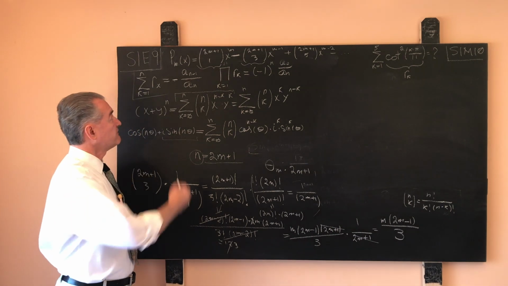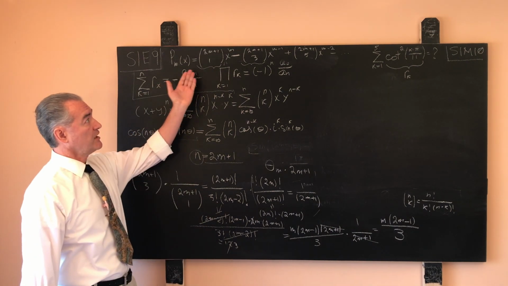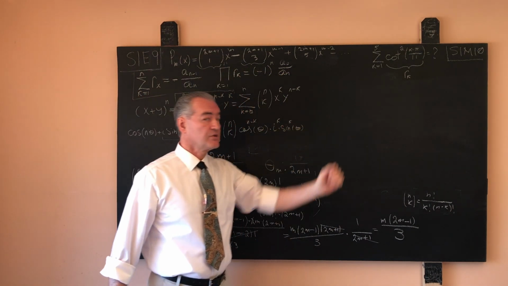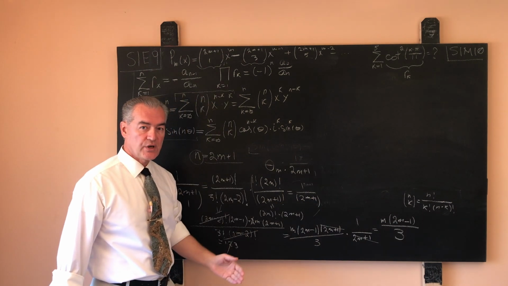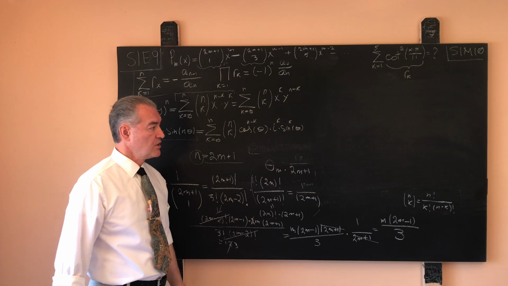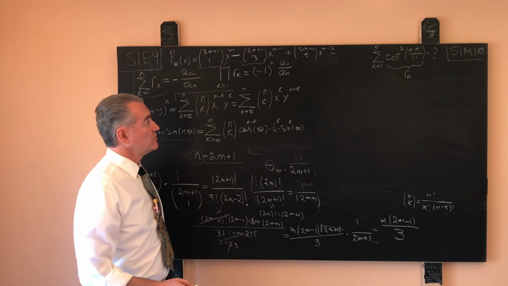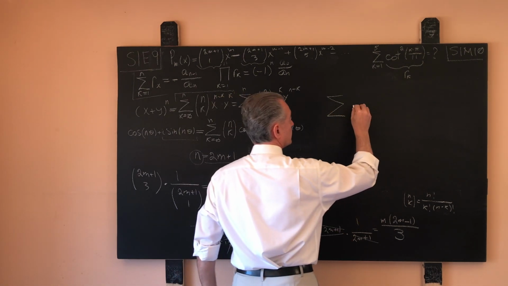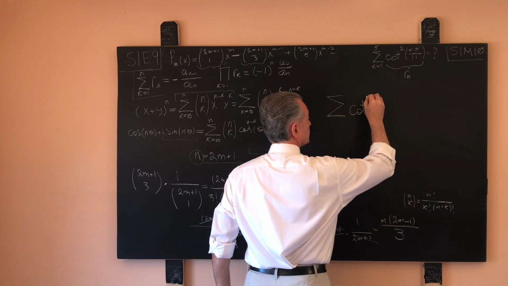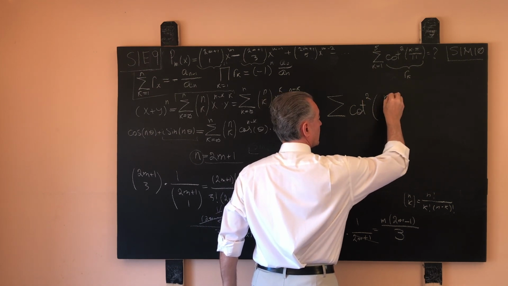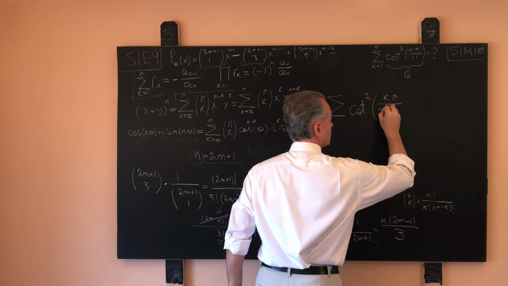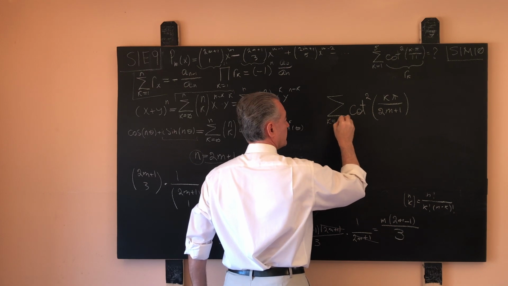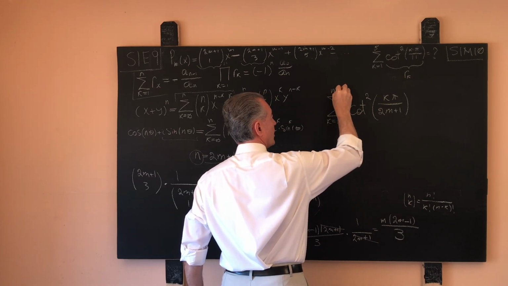Officially, what we have found through the construction of a polynomial whose roots are precisely the given real numbers that are represented by the square of the trigonometric function of cotangent is the following. The sum of cotangents squared of k pi over 2m plus 1, where k varies from 0 to m.